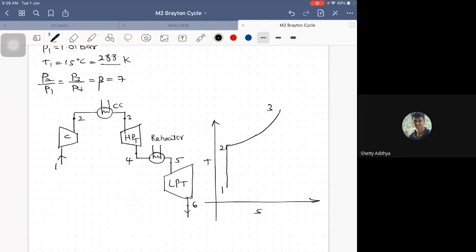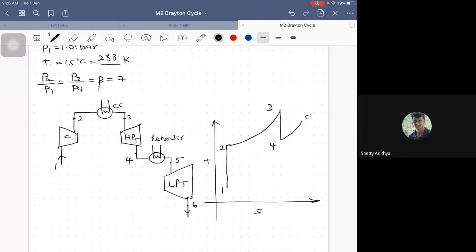Next, expansion happens in two different stages, isn't it? First, from 3 to 4, a little bit of expansion happens like this. Same diagram, it's already been taught in the last class. From 4 to 5, a heat addition, that is the reheating process, happens. So a little bit of heat is again added.